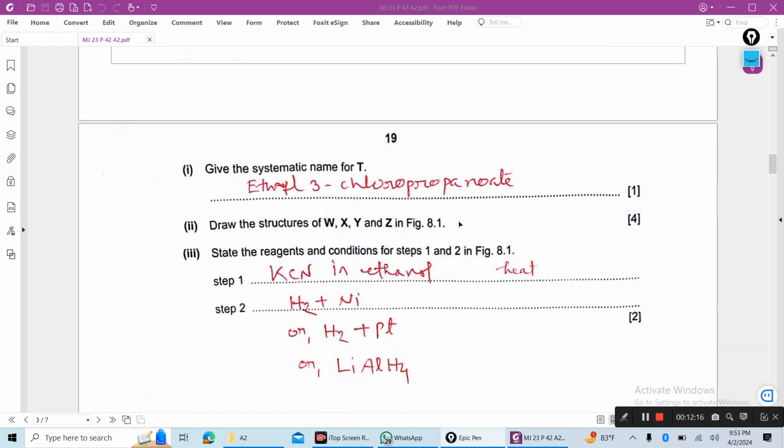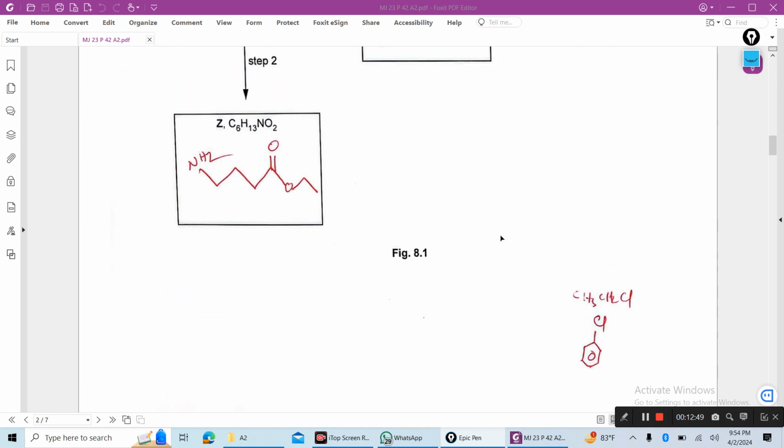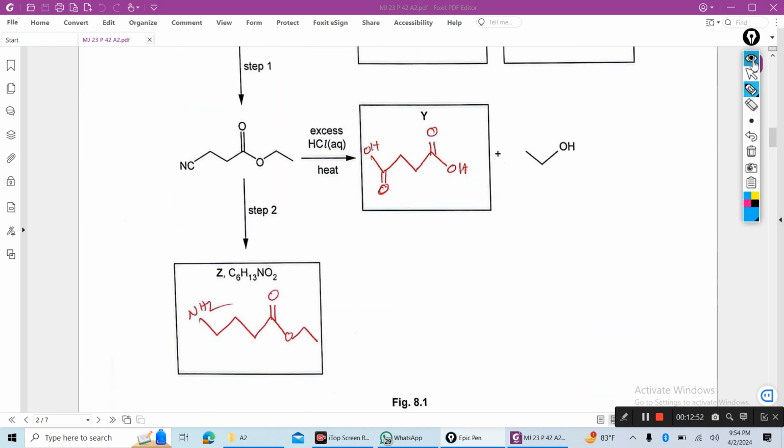Next, you see number 3, state the reagents and conditions for step 1: potassium cyanide in ethanol, and you can write heat. Step 2, hydrogen plus nickel, or you can write hydrogen and platinum, or you can write lithium aluminum hydride. Step 2, you see the CN group is converted to CH2NH2.